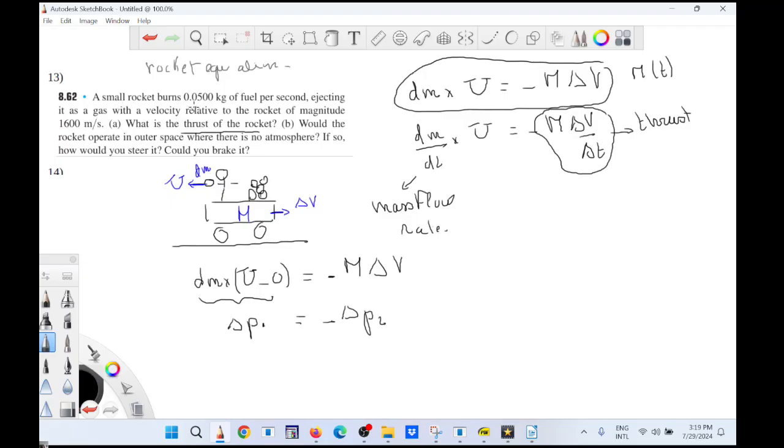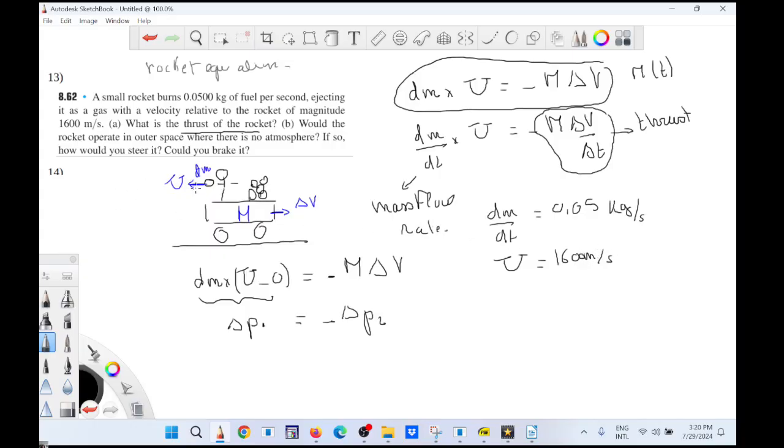Okay. So we see that dm over dt will be 0.05 kilogram per second. That's a rate. That's what we need. We need a rate. And we have U here, which is 1600 meter per second.